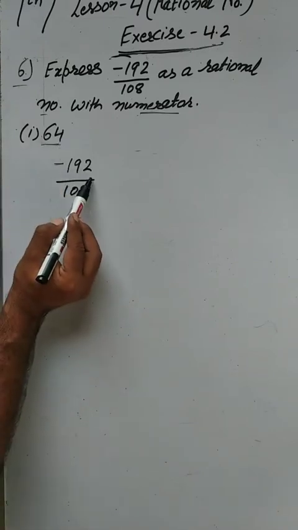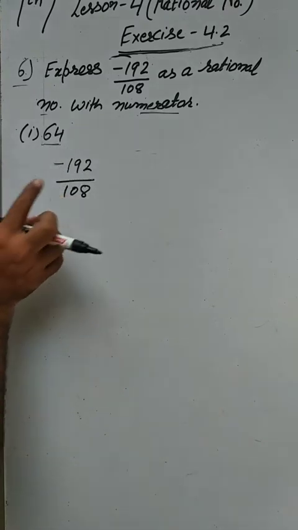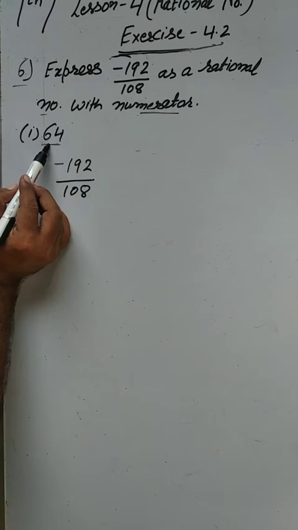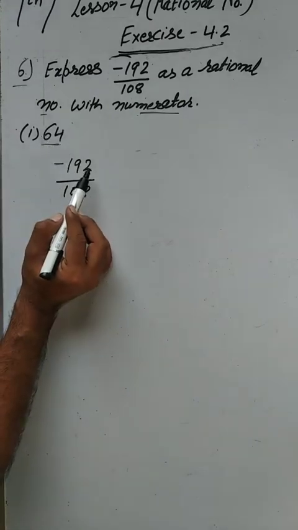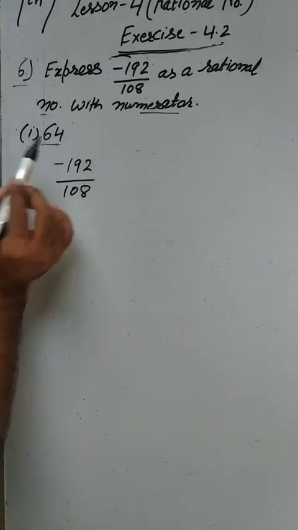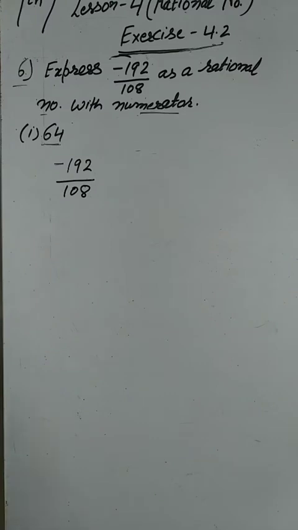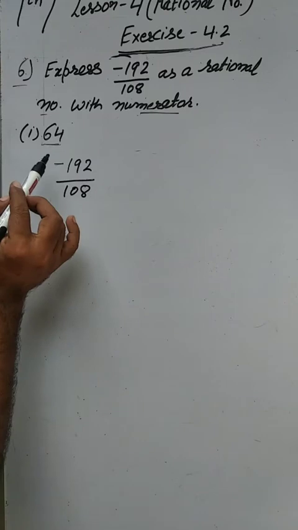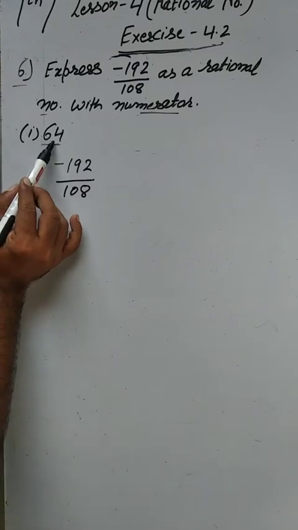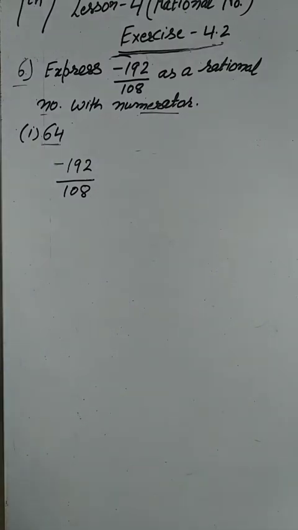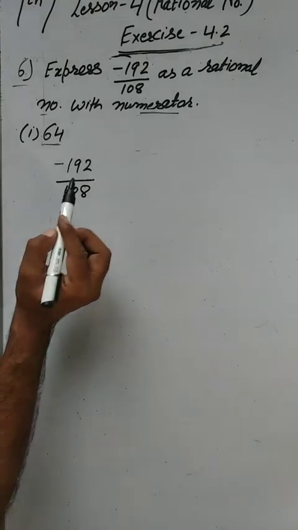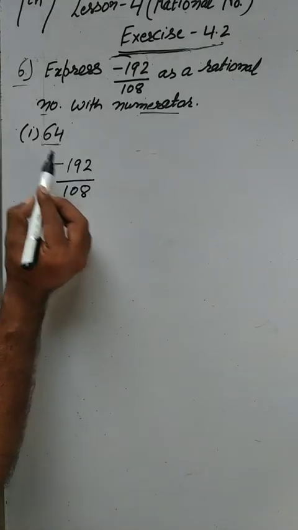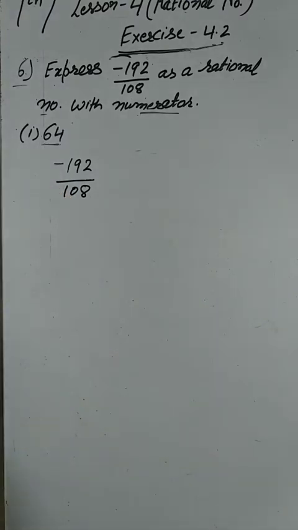Now look, 192, forget about the sign. 192 is greater than 64, meaning I have to change the greater number into the smaller number. So I have to divide 192 by some number to get 64. So my first step is, with what number is 192 divided to get 64?